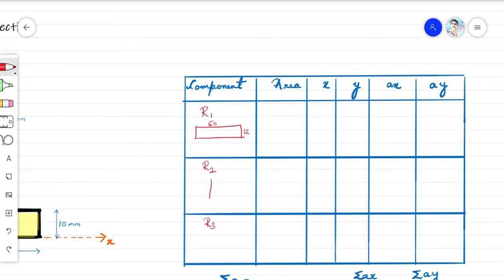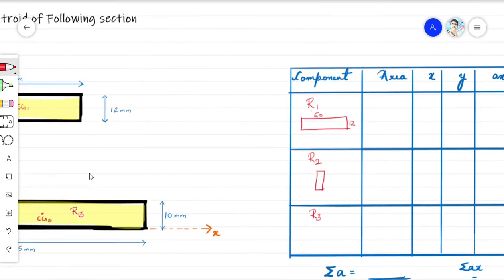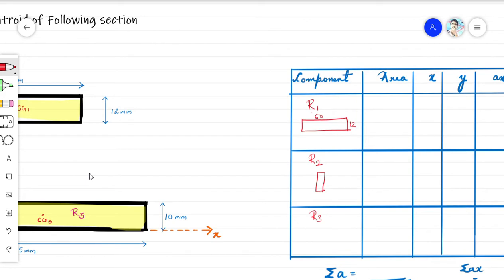And R2 has a dimension of 10 and the other dimension is 150 minus 12 minus 10, that is equal to 128 mm.